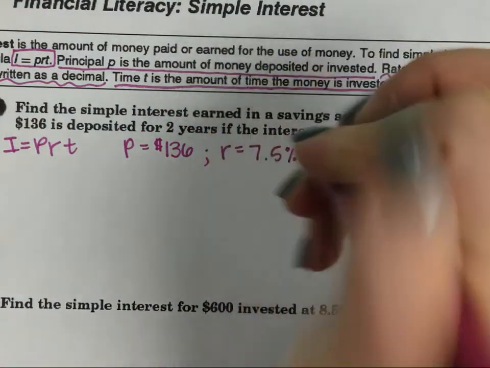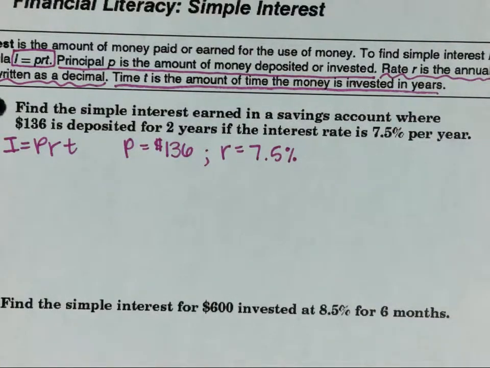7.5%, but it's given to me as a percent, and I need it to be a decimal. Yesterday when we were talking about percent of change, when we started with a decimal and wanted to convert it into a percent, what did we do? Olivia? Move the decimal over two places or multiply by 100. Good.